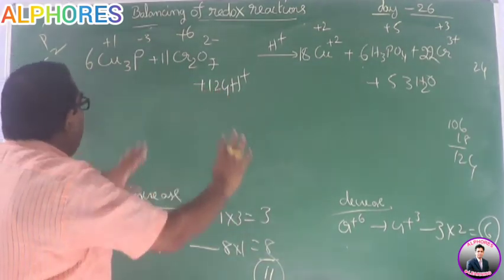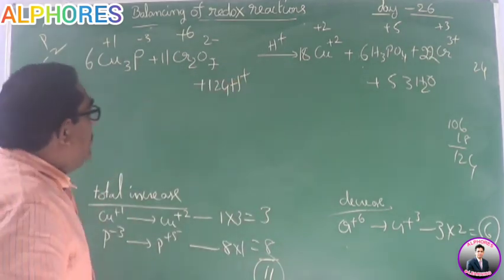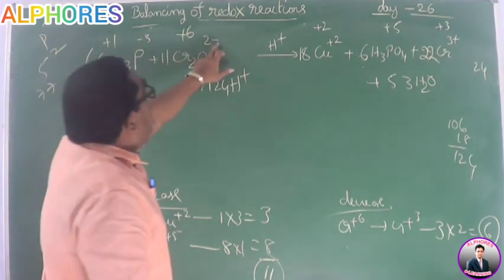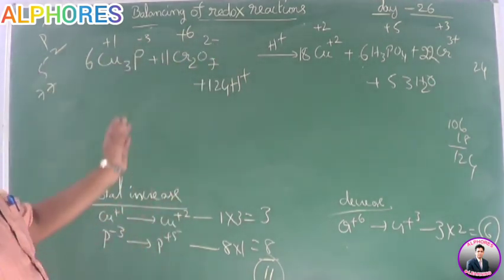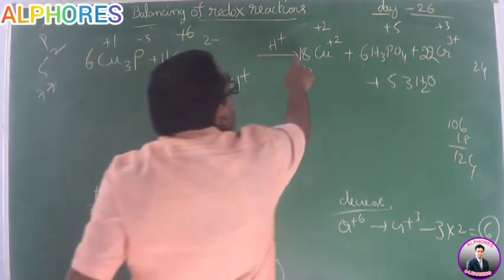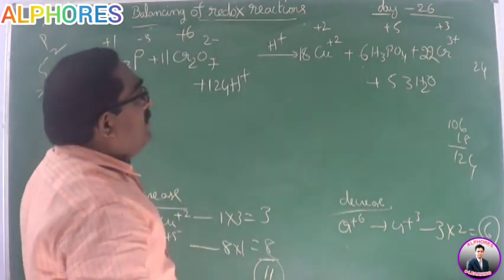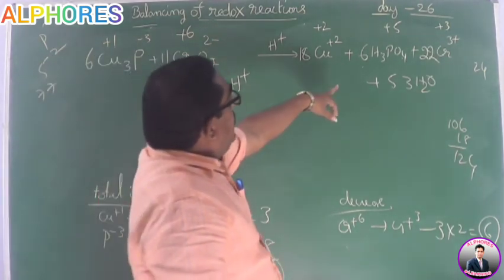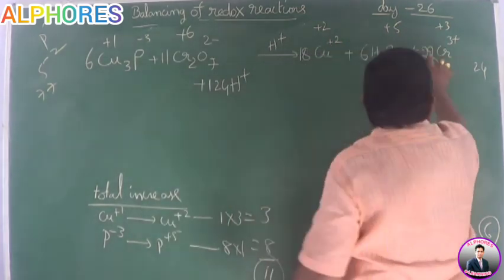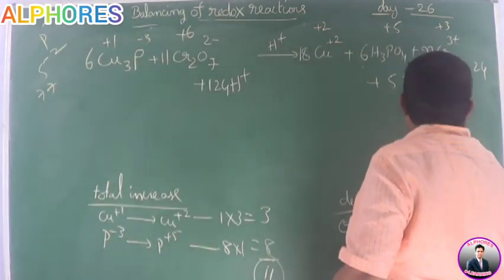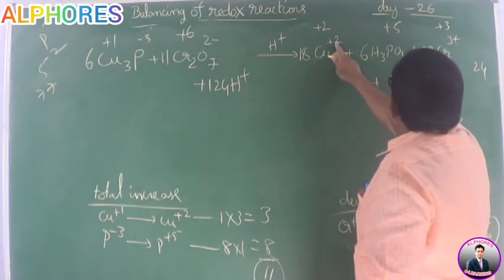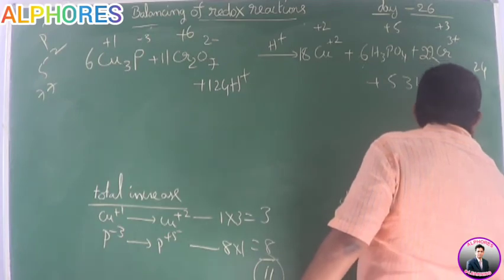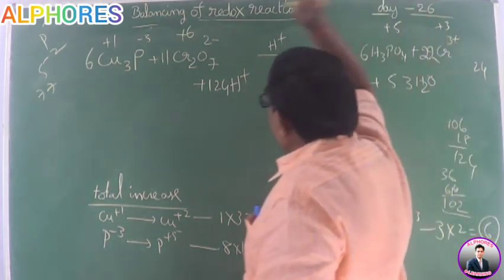You can check it out. In all aspects, atoms are already balanced, no doubt. Let me check the charge balance also. No charge for this neutral compound, but this is minus 22. Let me check that side also: 18 into 2, 36, and 22 into 3, 66, total 102 plus.